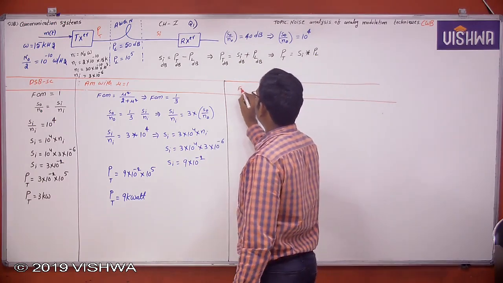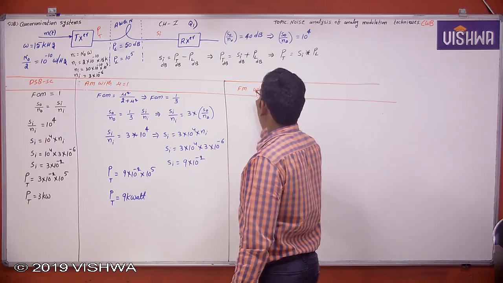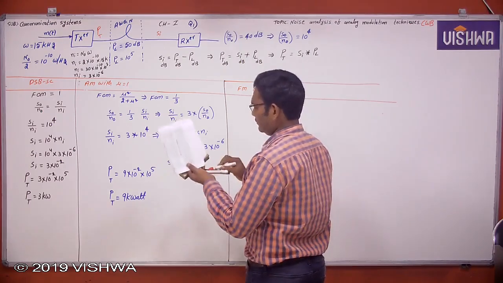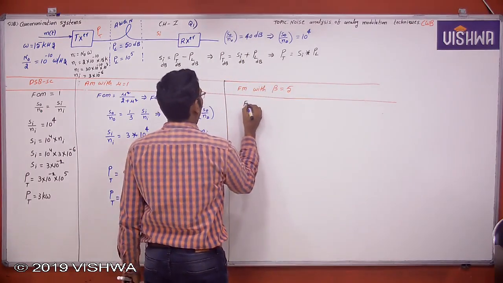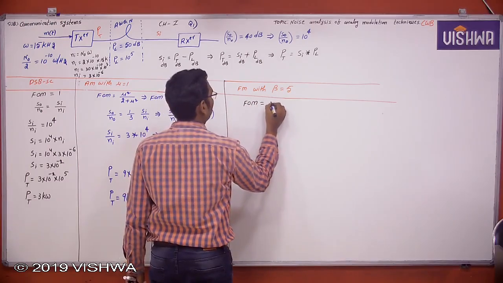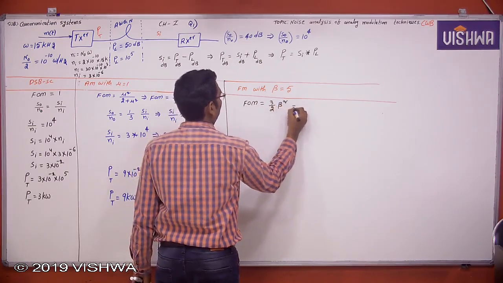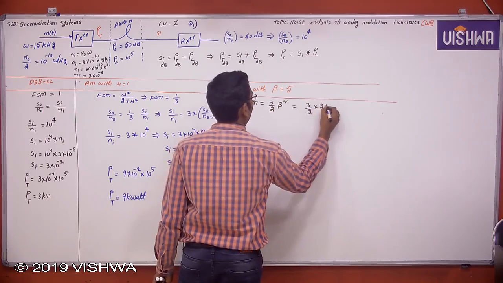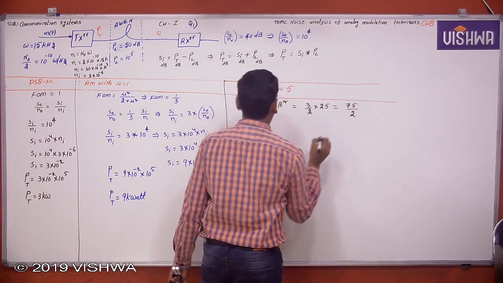Now, FM with modulation index beta equal to 5. Figure of merit is equal to 3 by 2 into beta square, which is equal to 3 by 2 into 25, which is 75 by 2.